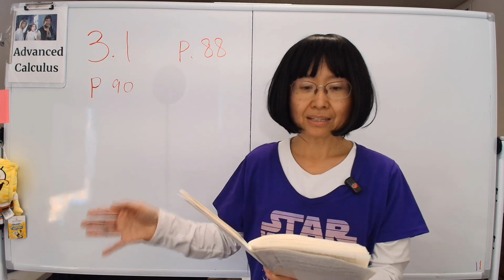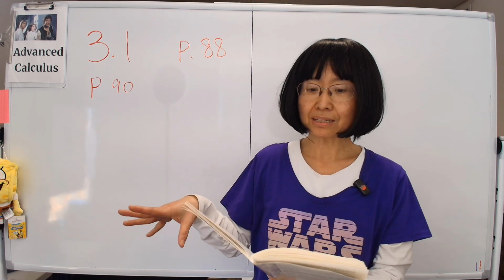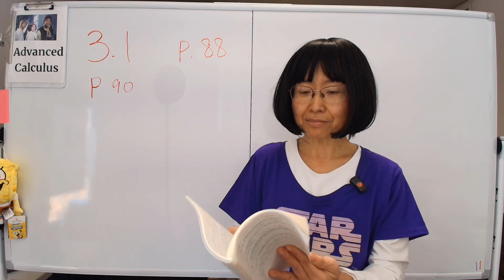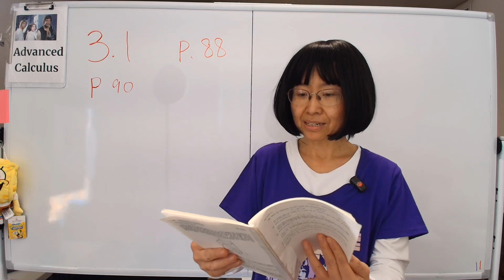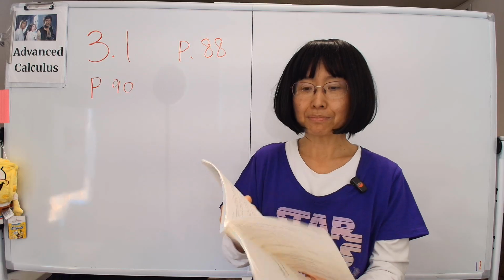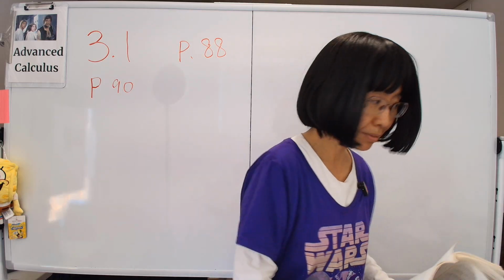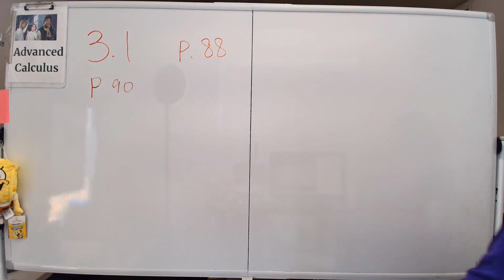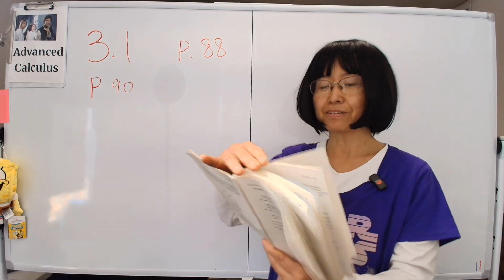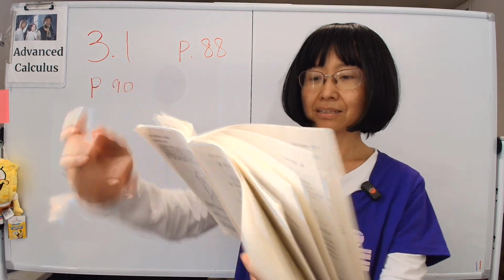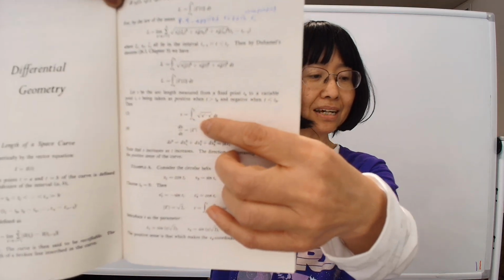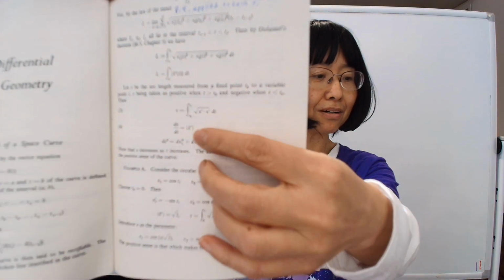Therefore the magnitude of x prime of t is 1. Now conversely, if the magnitude of x prime of t equals 1, then we do the integration from the previous page, which gives us s equal to t minus t0. I'm talking about the integration. Did I even write it down? I guess I don't see it here. Well, it's on the previous page. That is the definition of s. If the x prime, that is what's inside, is 1, then you solve this integration.